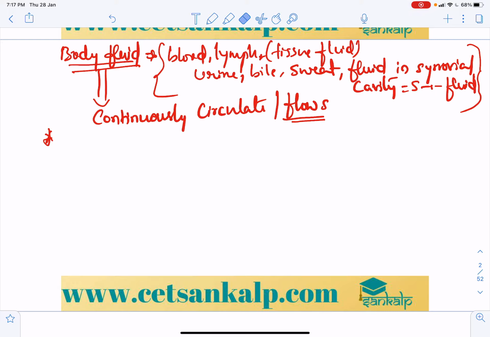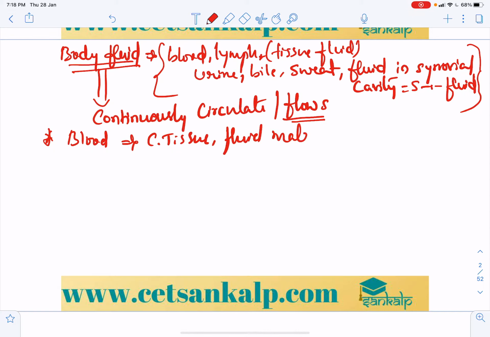What exactly does blood include? Blood is called a connective tissue or a fluid matrix. It is the structure of connective tissue, which is an extracellular fluid.